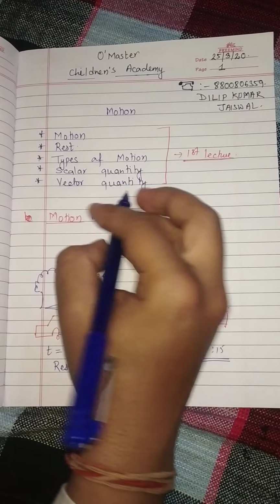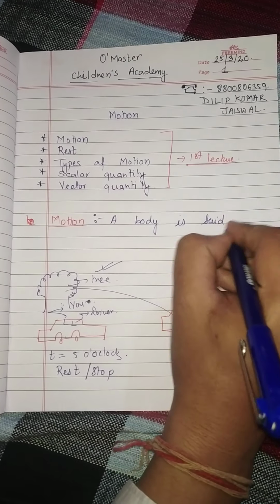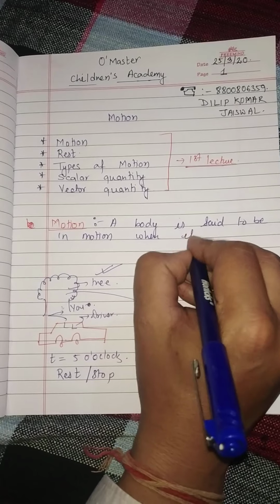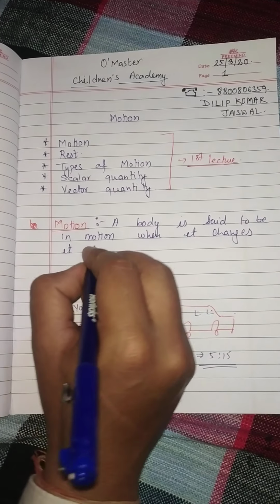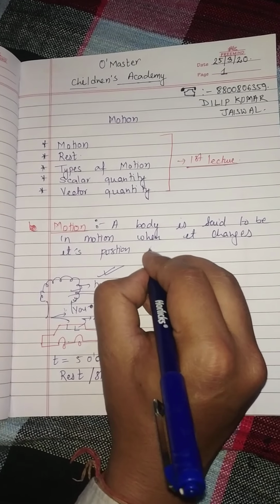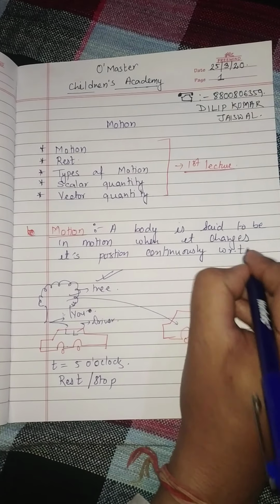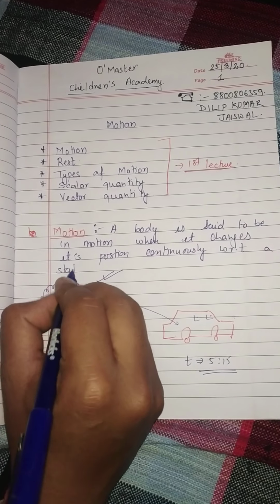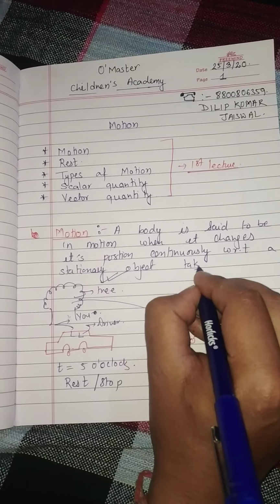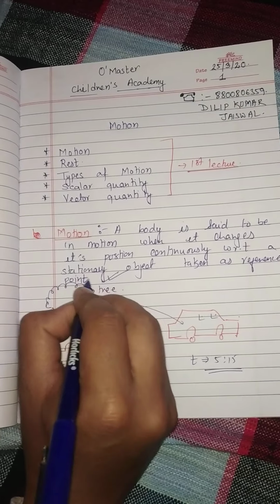So what is motion? Let's define it. A body is said to be in motion when it changes its position continuously with respect to a stationary object taken as a reference point.